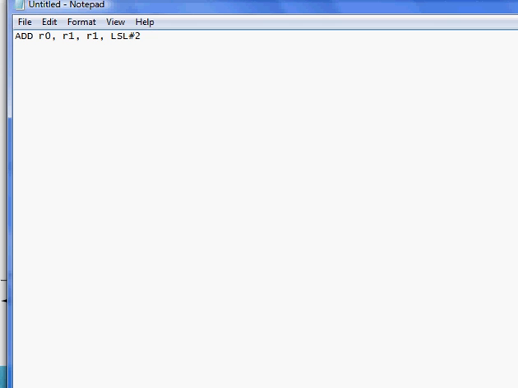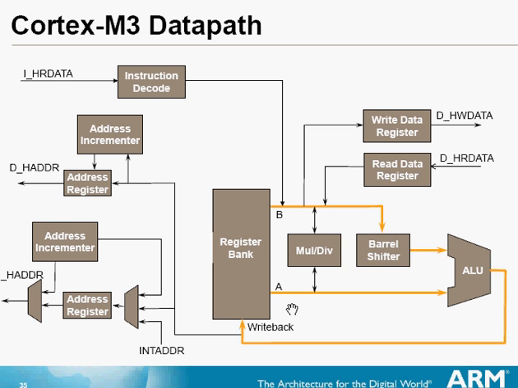So we can do something like here. Because this one is coming through the barrel shifter, it will get shifted, and then these two will get added, and then it will go inside.